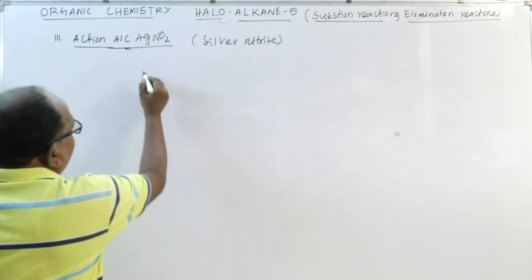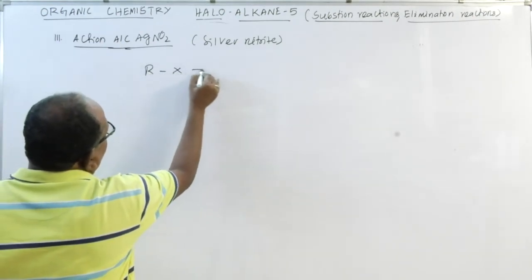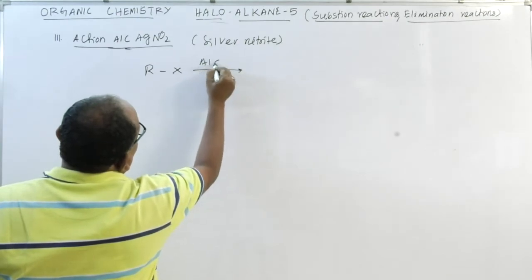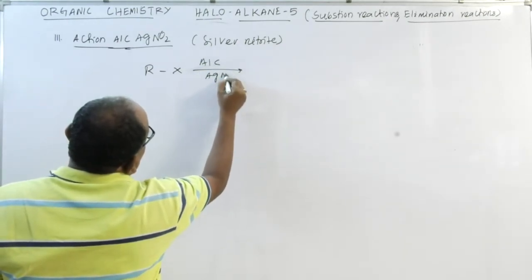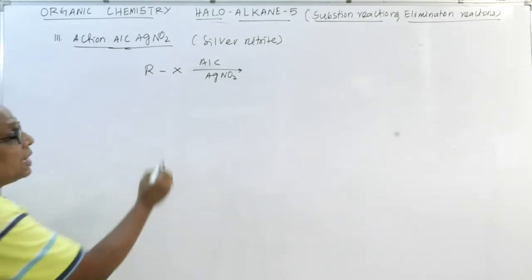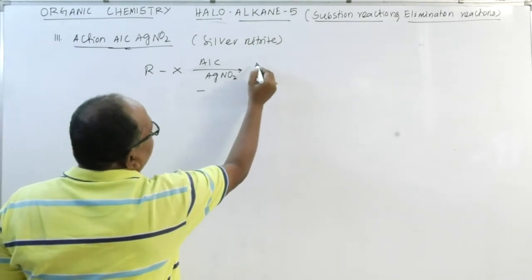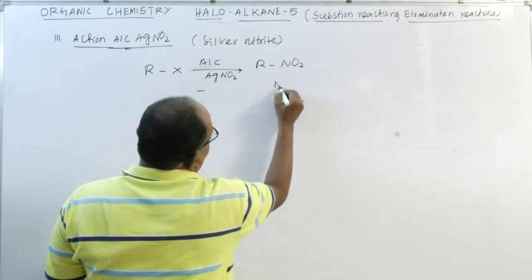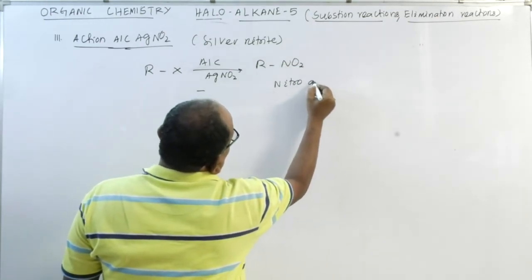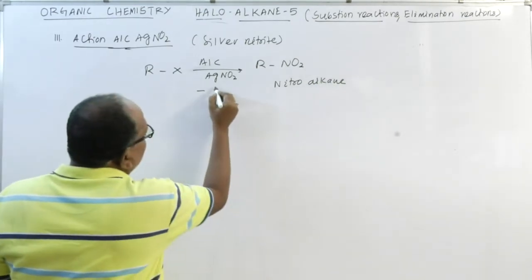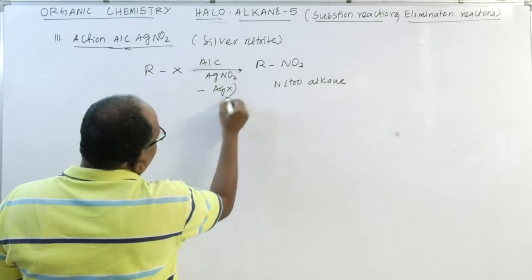So when alkyl halide reacts with an alcoholic solution of AgNO2, it is substituted and gives you RNO2. This is called your nitroalkane, by loss of a molecule of AgX.